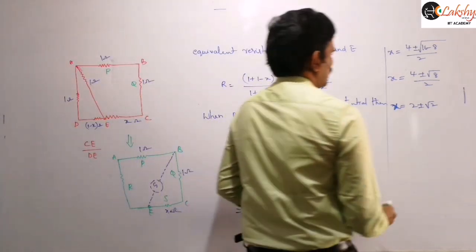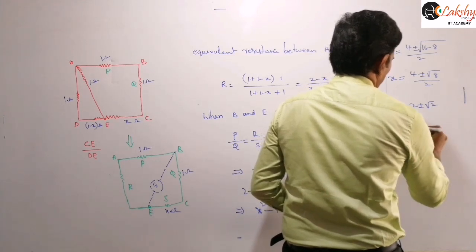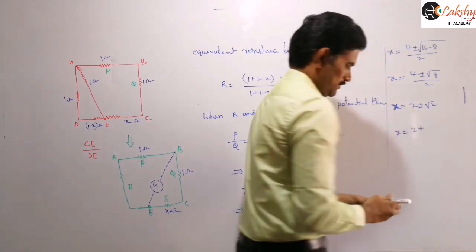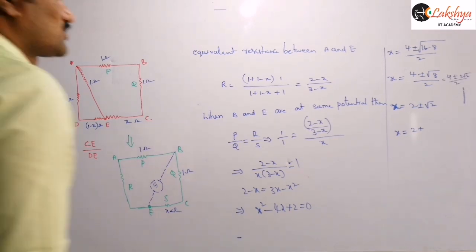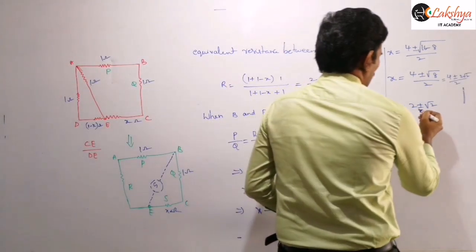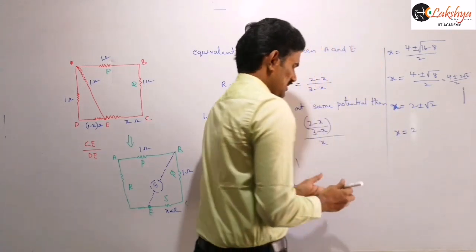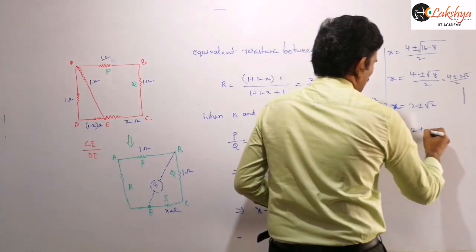Now here we need to consider whether this X value is 2 plus root 2 or 2 minus root 2.